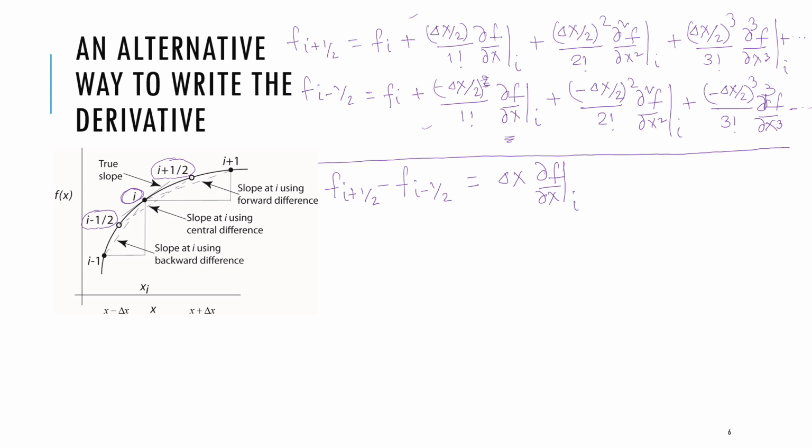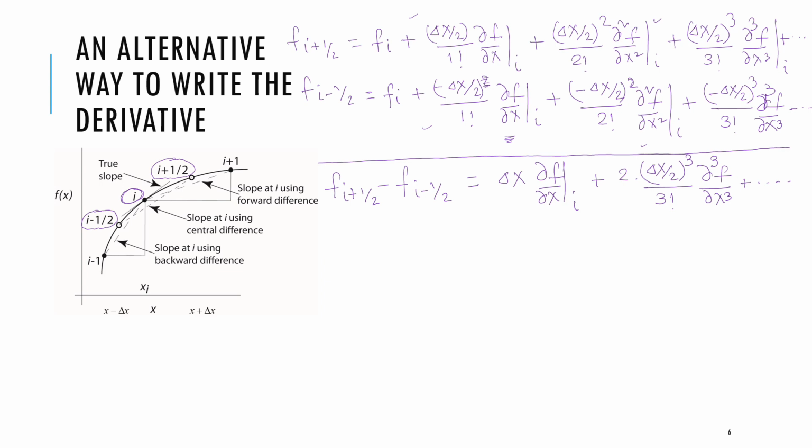Then the next one, these two, they cancel out because this is squared, and so it's the same value. And then the next one, they add up, so I write 2 times (delta x over 2) cubed over 3 factorial del cubed f over del x cubed, and so on. Okay.